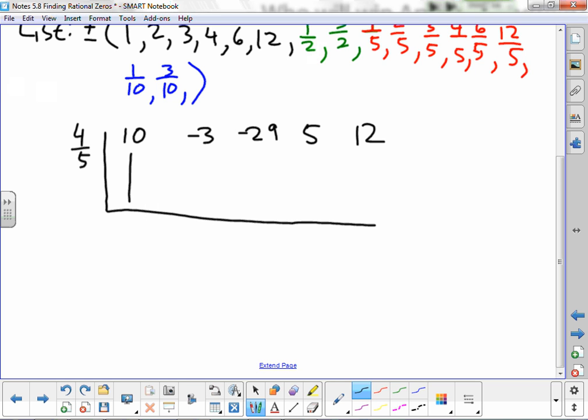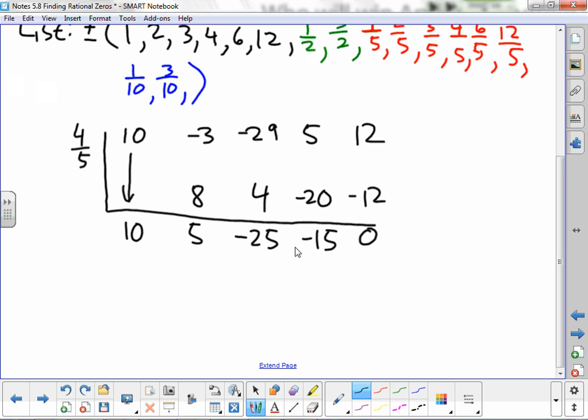So bring down your 10. 10 times 4/5: 10 divided by 5 is a 2, times 4 is an 8. 8 minus 3 is a 5. 5 divided by 5 is a 1, times 4 is a 4. 4 plus -29 is a -25. -25 divided by 5 is a -5, times 4 is a -20. -20 plus a 5 is a -15. -15 divided by 5 is a -3, times 4 is a -12, which added to 12 is a 0, which is what we expected.